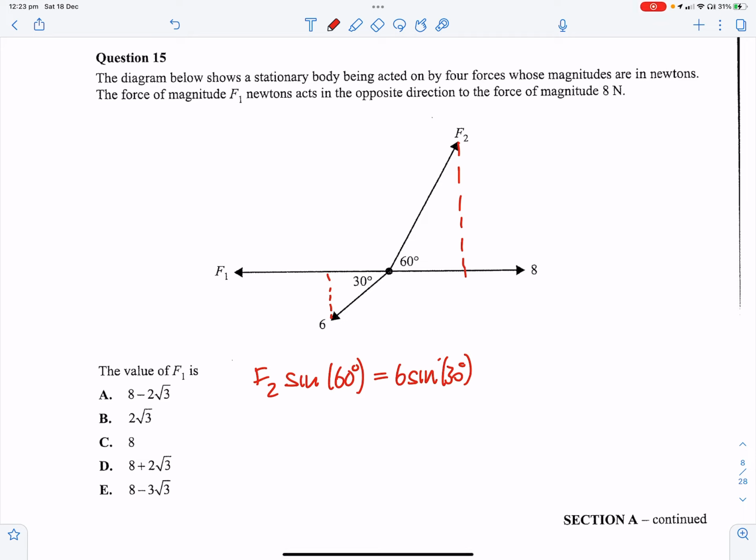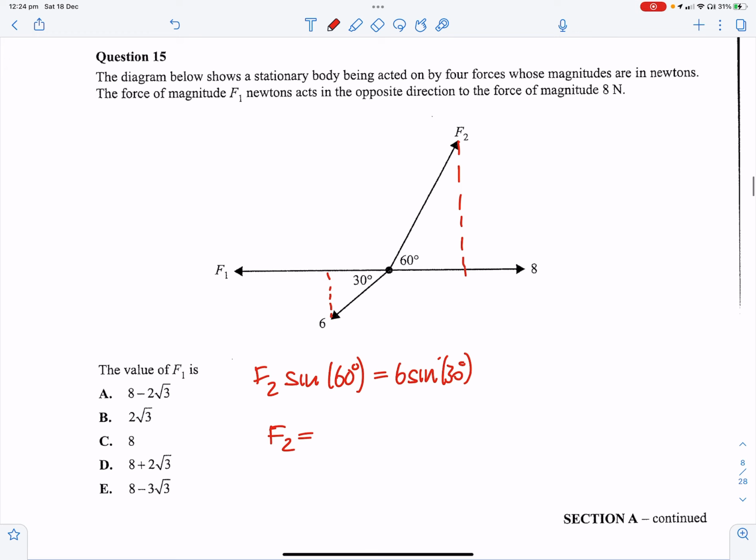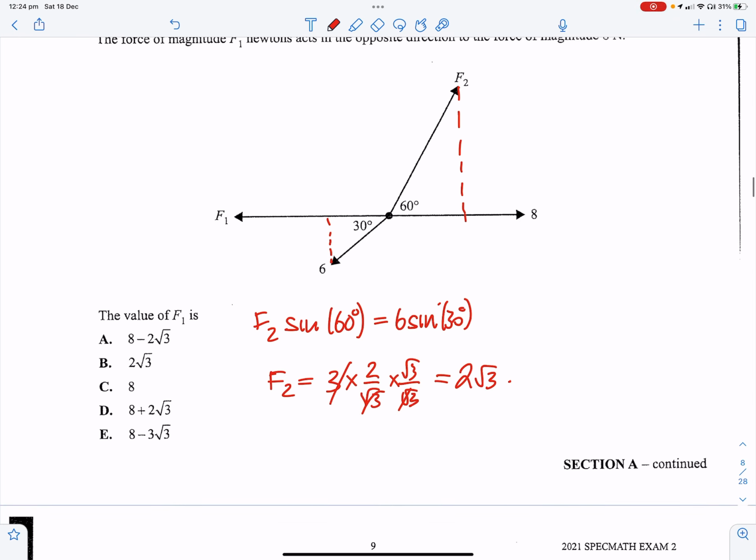What's sine of 60? Root 3 on 2. So F2 is equal to 6 sine of 30, which is 3, divided by root 3 on 2, or times 2 on root 3, which is 2 root 3. If I times it by root 3 on root 3, they cancel. So it's 2 root 3.